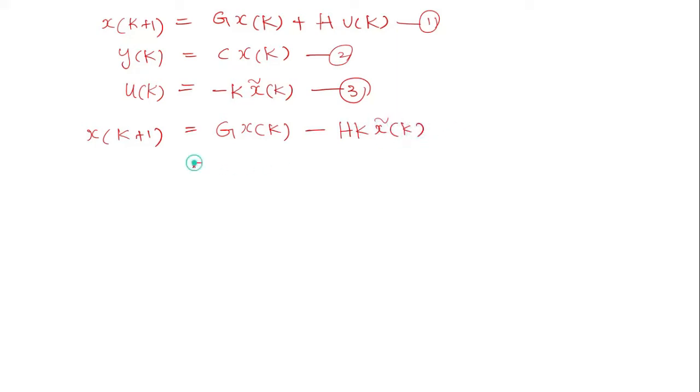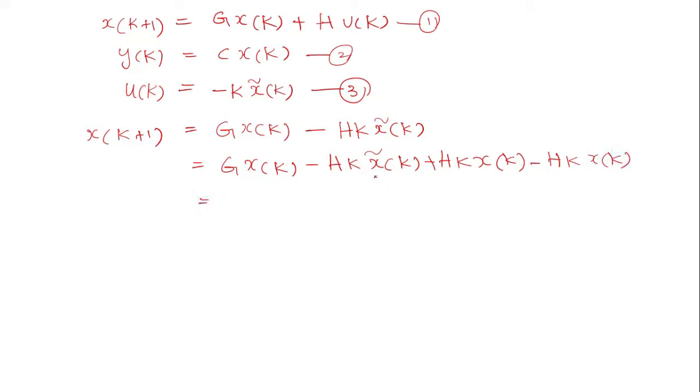And to this equation, if I just add and subtract HK x of k, as in plus HK x of k minus HK x of k, so that it doesn't make any difference.